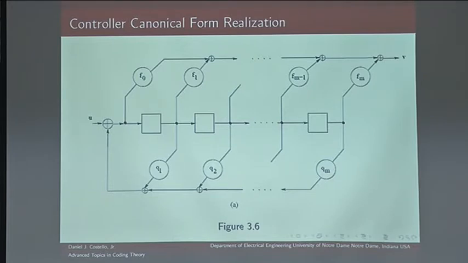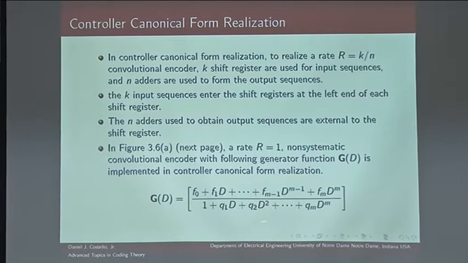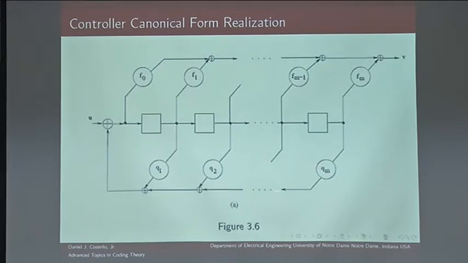And then the denominator polynomial, the q's, is represented by these feedbacks, taps off the shift register, added up and fed back to the input here. So this is a general form of realizing this: for each input sequence you would have a shift register like this with some feedback polynomial and some adders out here to produce one or more output sequences.